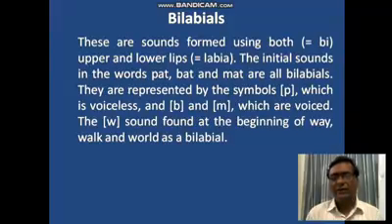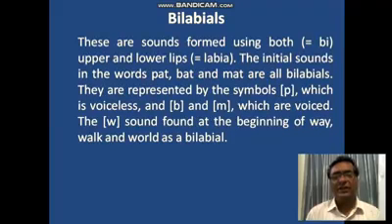Just remember that bi and labia are Greek words, and bi means both and labia means lips. So bilabial means where the two lips are involved. So when you produce sound using your two lips, these sounds are called bilabial sounds. So bilabial sounds are basically produced with the friction of the two lips.